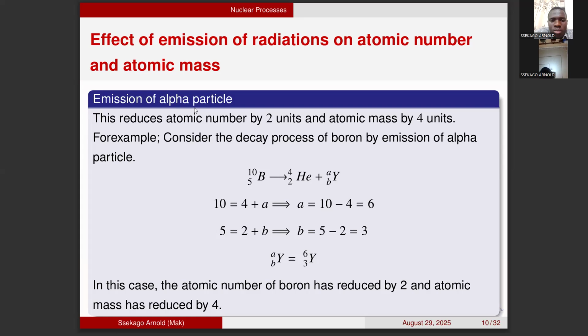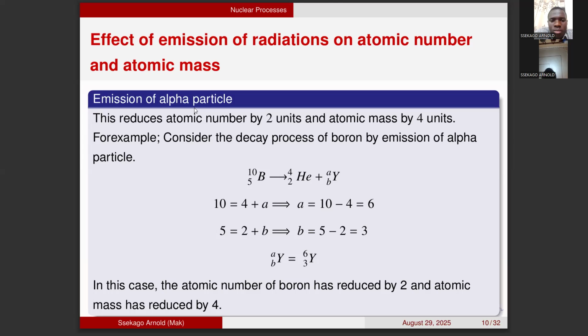What we are going to look at in today's session is that given an atom of an element, if it breaks down to form a stable atom by emitting an alpha particle, what will happen to it?